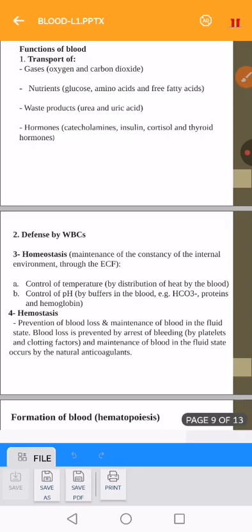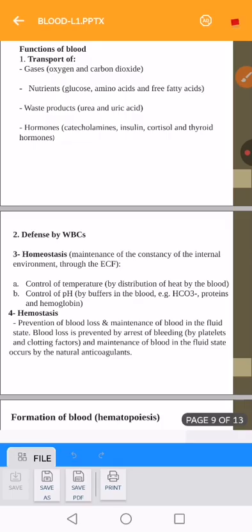So we need the blood in a specific fluid nature. We don't want it to be so fluid that it is lost outside the body, and we don't want it to be clotted. So the blood is maintained in the fluid state inside our body through specific factors.